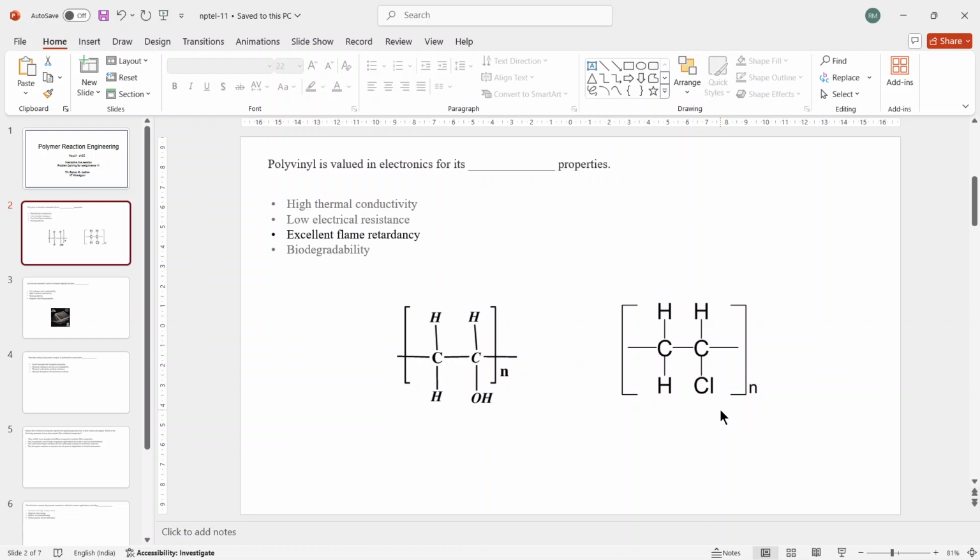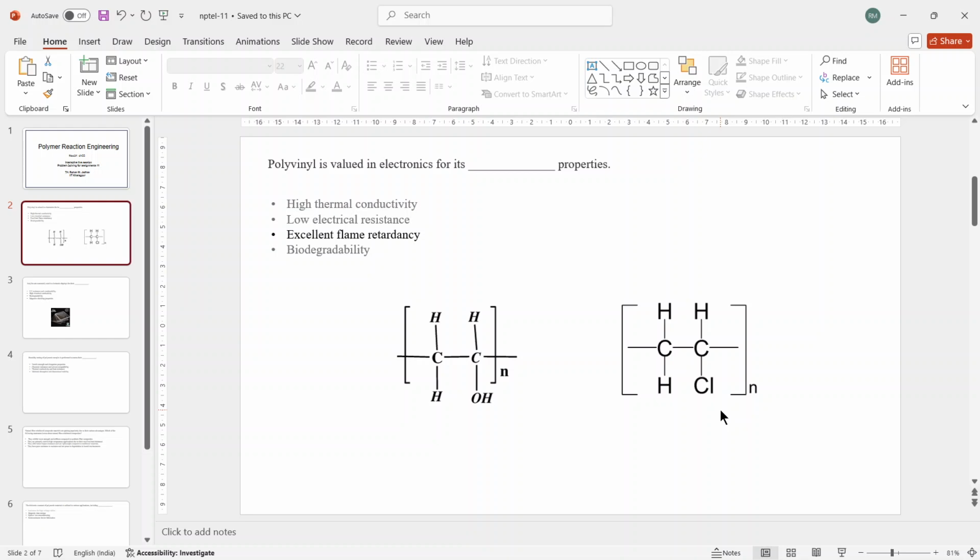Because plasticizers are used in the polymer to make it more workable, in the sense that when you want to reduce the viscosity of the polymer so that you can easily mold it and work with it, we add more plasticizer. But because of plasticizers, the flame retardancy of polyvinyl reduces, and we do not want that. So at that time, we have to use a much purer grade of polyvinyl, and reduce the plasticizer content in it.